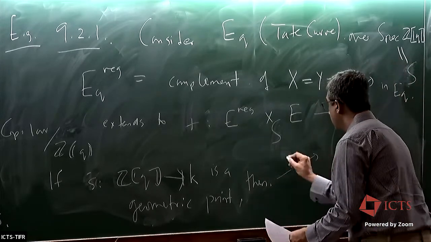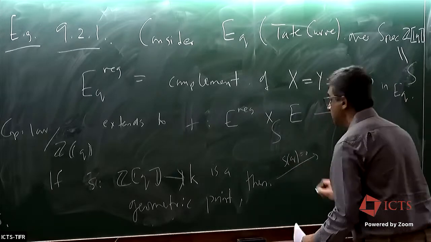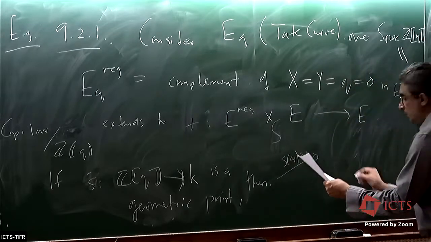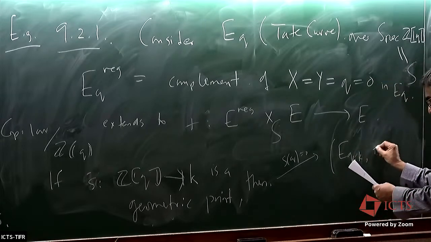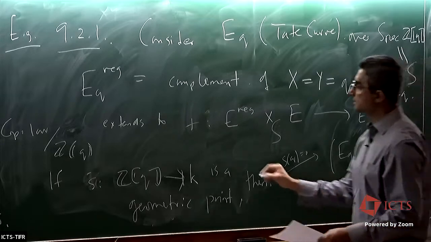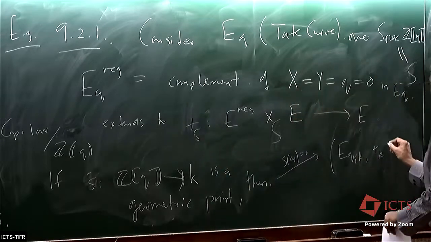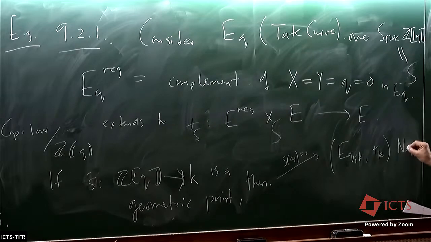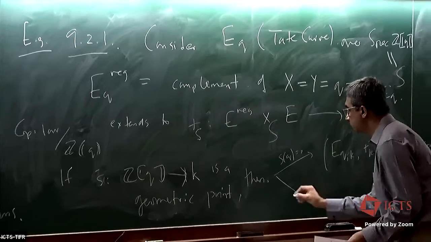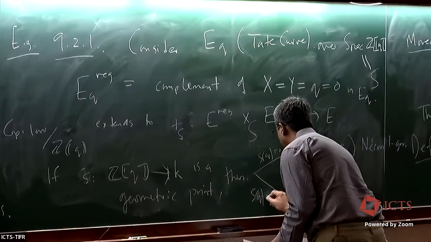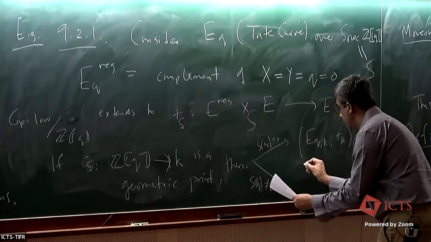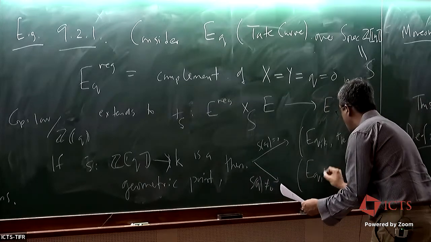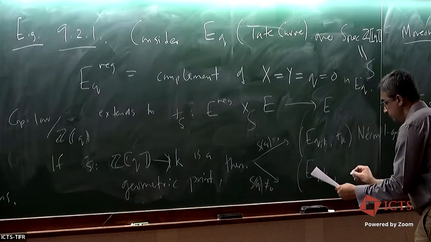So in the case where s of q is 0, q is equal to 0, you get E_q over K, plus, a Néron 1-gon. And when s of q is not 0, you wind up getting a normal elliptic curve, just a usual elliptic curve with its usual plus.